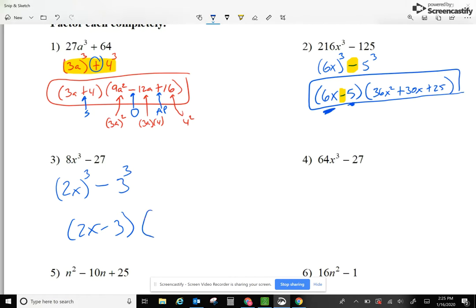For my last parenthesis, my second parenthesis, I'm looking at 2x times 2x. For the last term of my parentheses, I'm looking at 3 times 3. For my middle term, I'm going to go plus because I have to go opposite sign from the first parentheses. So plus 2x times 3 is going to give me 6x.